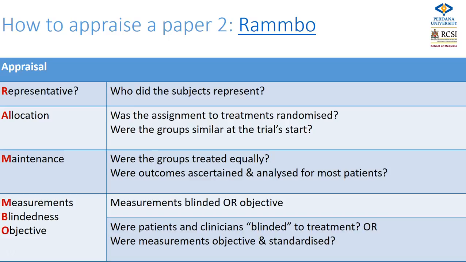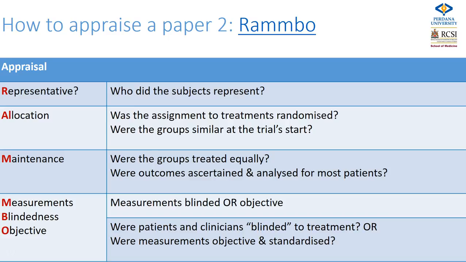Also, you should see in the paper a table showing the structure of the groups in, for example, a therapy trial, a randomized control trial, and they should be similar in terms of relative gender distribution, age, previous medical history, previous therapy, current therapy, etc. So that effectively the only difference between these two groups is largely the treatment under scrutiny.